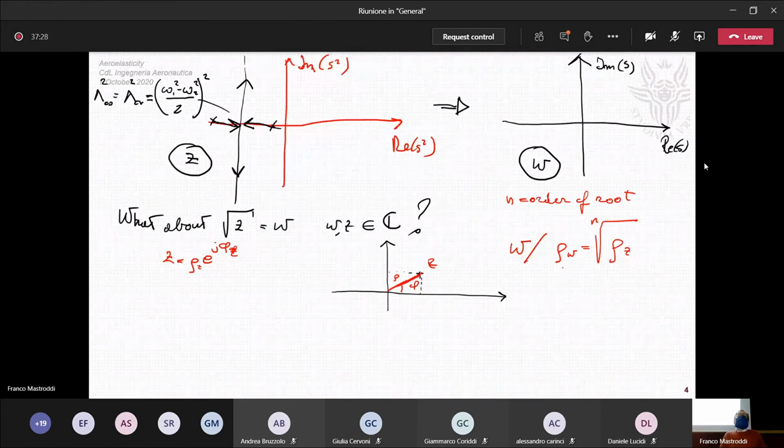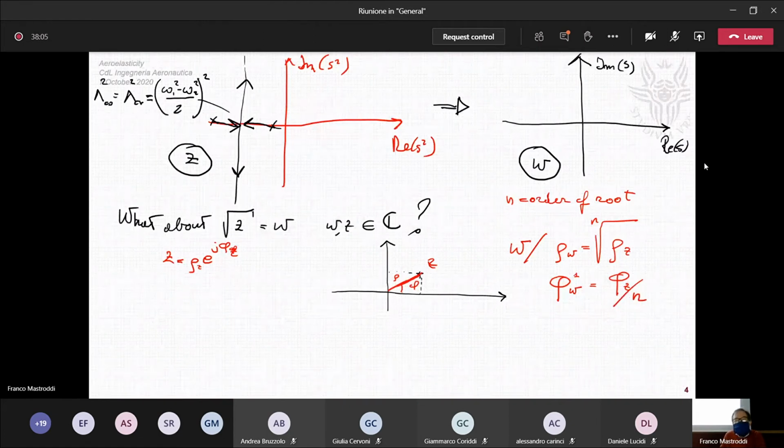Well, we have not only one determination for the phase, but many determinations. And the number of these determinations is equal to the number n. So the first determination for the phase of the number w can be obtained just taking the phase of the number zeta, and then you have just to divide phi zeta by n.